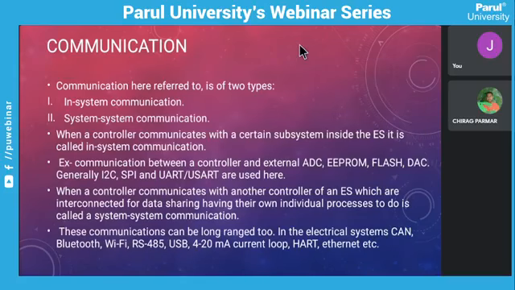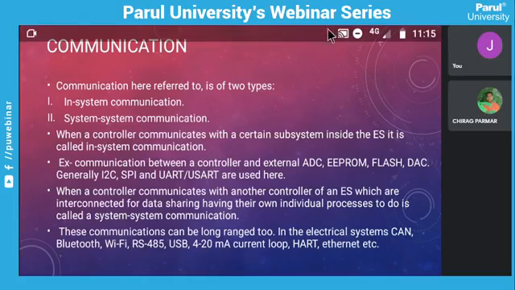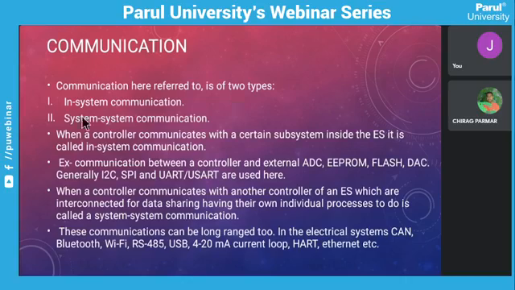And now the last part, which is the communication. The communication referred to here is of two types. First is the in-system communication, and second is the system-to-system communication. When a controller communicates with a certain subsystem inside the embedded system, it is called in-system communication.